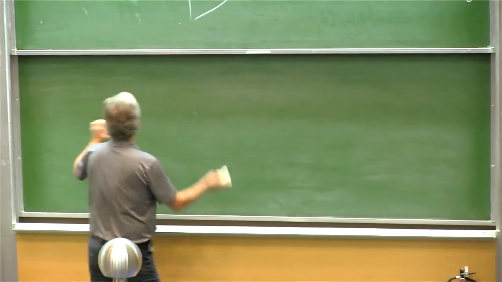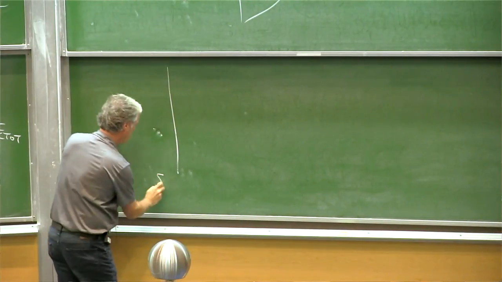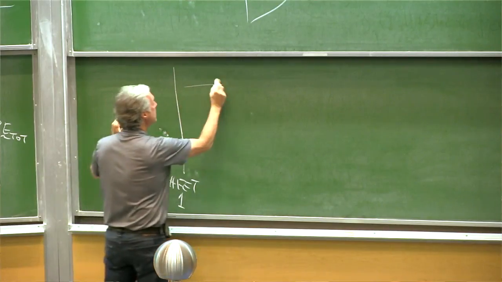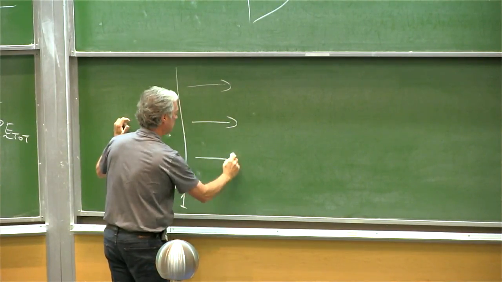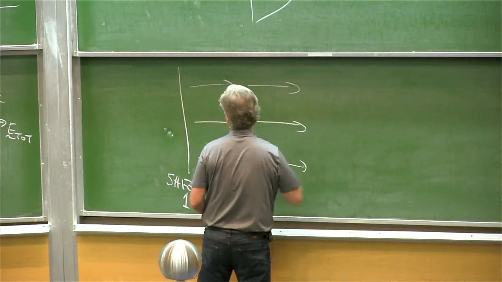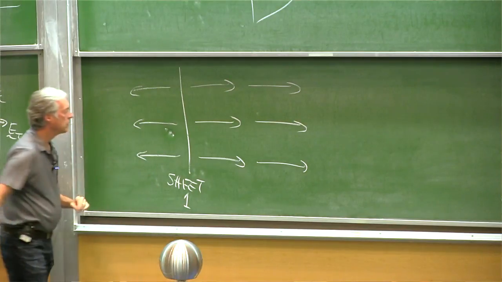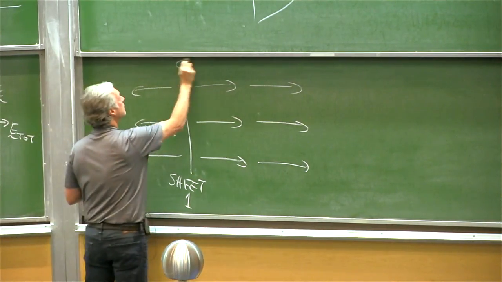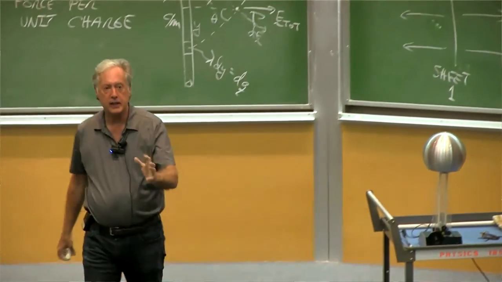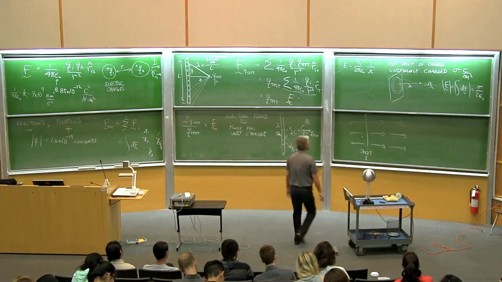So we're going to imagine, here's a sheet, sheet 1. Sheet 1 makes an electric field that looks like this, from sigma being on it. Now I want to put a second sheet nearby.